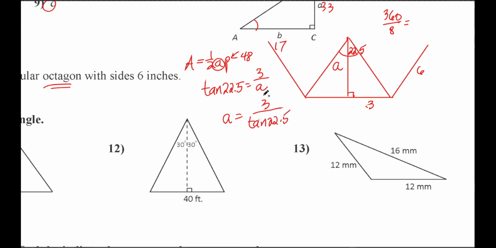A lot of steps, isn't it? Like I said, this is the hardest problem out of the whole thing. So it's 3 divided by the tangent of 22.5. That's what A is. But in order to find the area, take whatever this number is and plug it in right there. A lot of calculator work, right? Plug it in there, times 48, take half of it, there's your area.